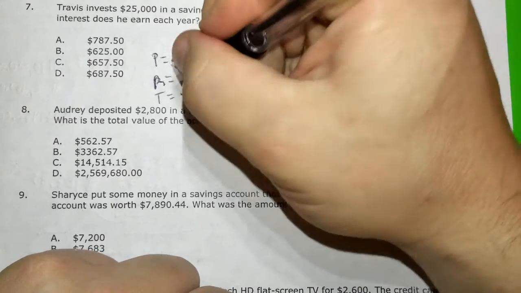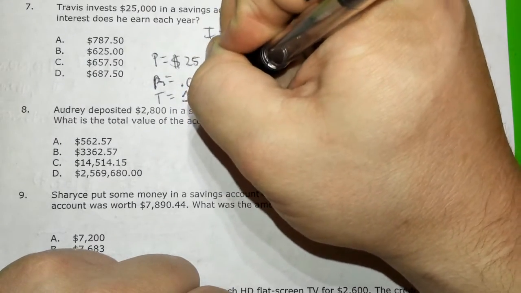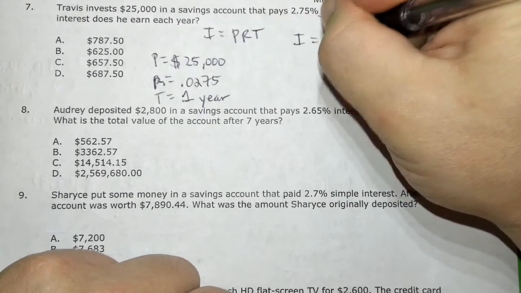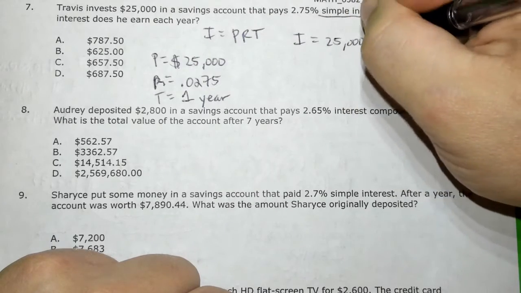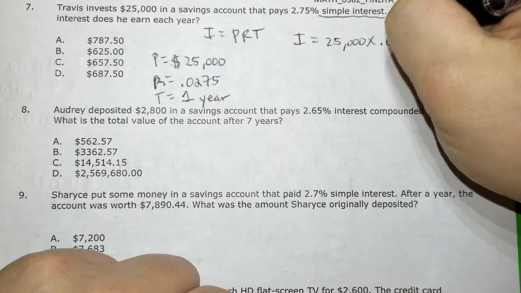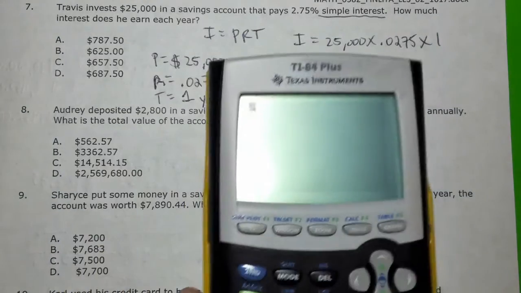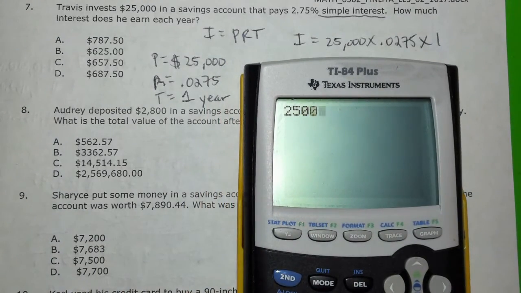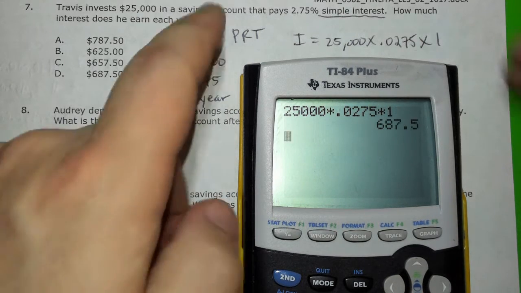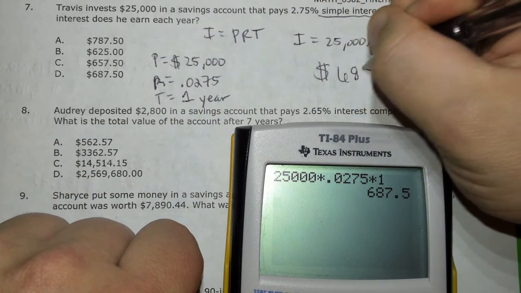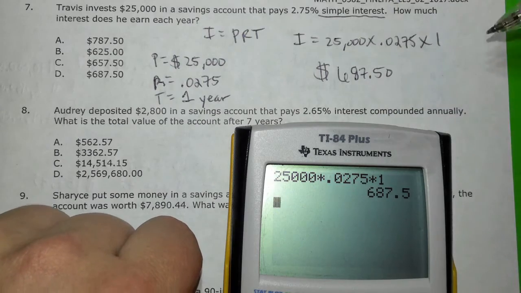So it says each year, so we're going to do 1 year. Okay, and so we're going to do I equals 25,000 times 0.0275 times 1. So each year he earns $687.50 in interest.